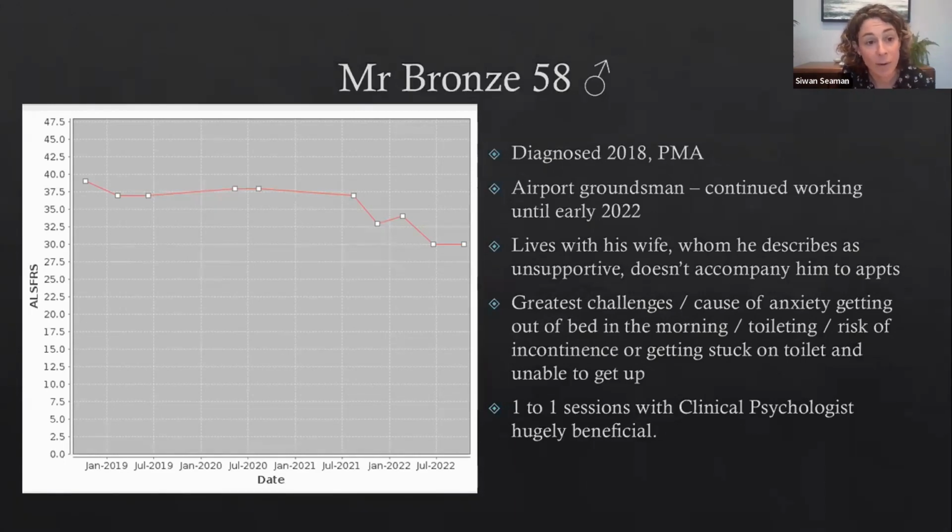And then the system automatically puts that into graph form for us. And so what we can see here is from diagnosis to now, his ALS FRS has reduced, but you can see it hasn't really reduced as a rapid gradient. In fact, a very, very gradual one. So this gentleman has got quite a slowly progressive form of the disease.